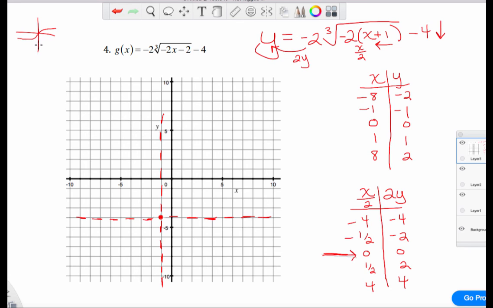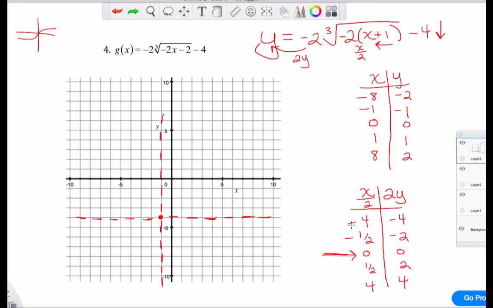All the ordered pairs that are in this lower quadrant right here are going to end up in the top right, and all the ordered pairs that are in the top right are going to end up down in the bottom left. And so this double reflection on this graph makes it look exactly like what it's supposed to originally in the parent graph.